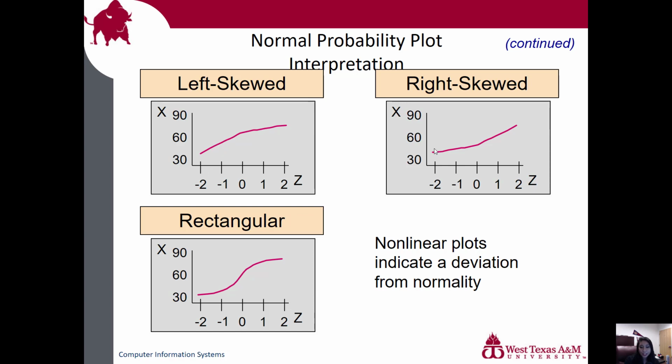If it kind of curves downward this way, it has a right skewed distribution. And if we see kind of this S shape here, our distribution would be more rectangular. So if it's not a straight positive line, then that kind of indicates a deviation from a normal distribution.